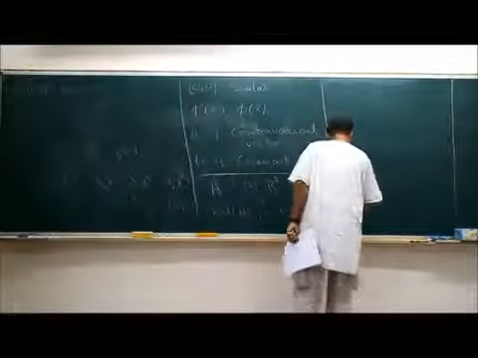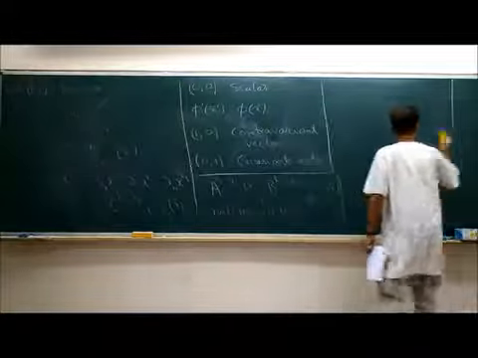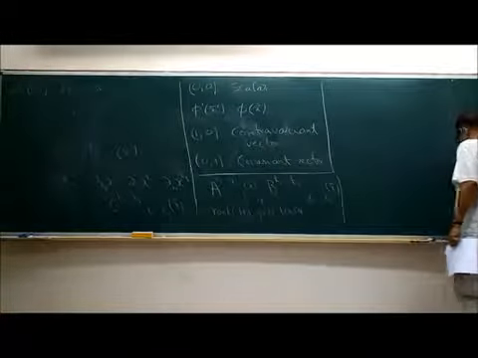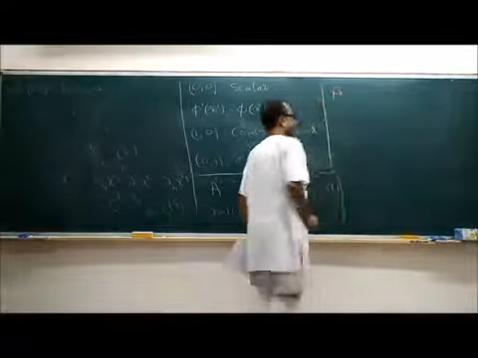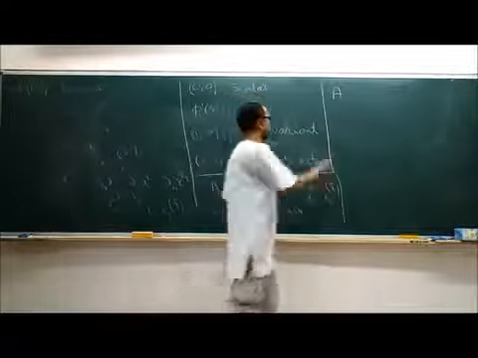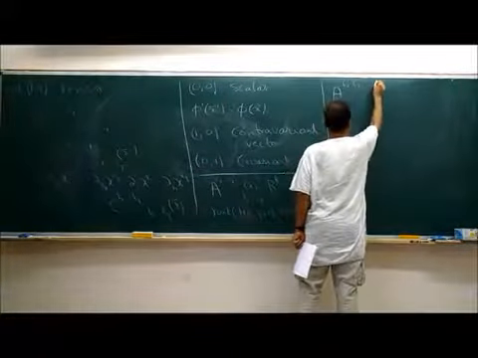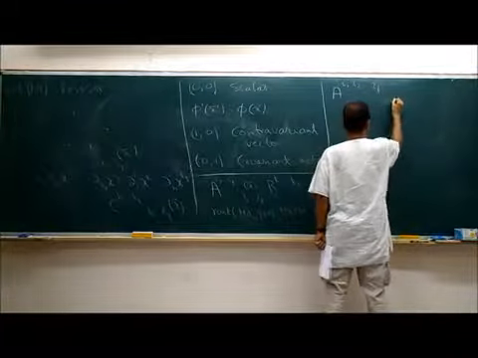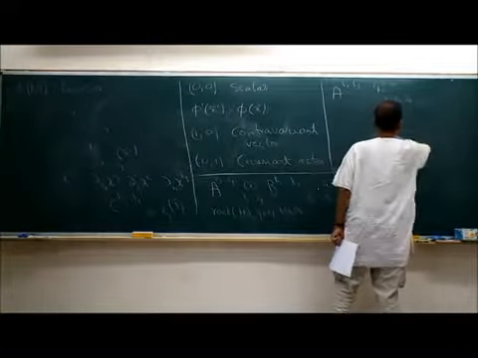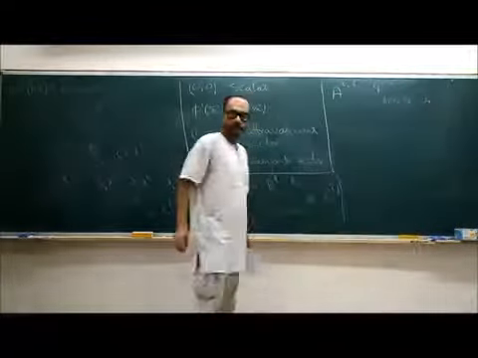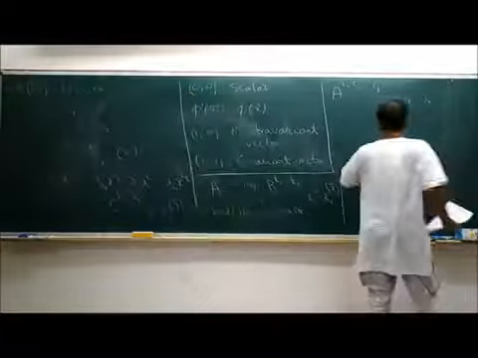A slightly more non-trivial statement is the following. Again, suppose A is a rank (p,q) tensor. Now consider the following object: A i1 i2 to ip, i1 j2 j3 to jq. What have we done here?